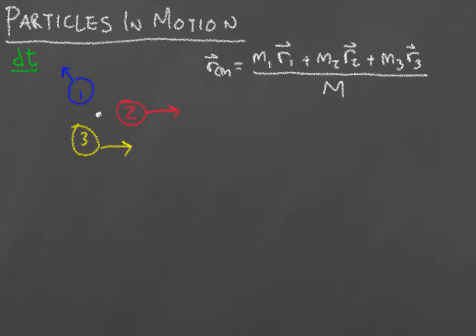Okay, so then at some later time, point 1 is going to have moved, point 2 will have moved, and point 3 will have moved. And so this also means that our center of mass will have moved.